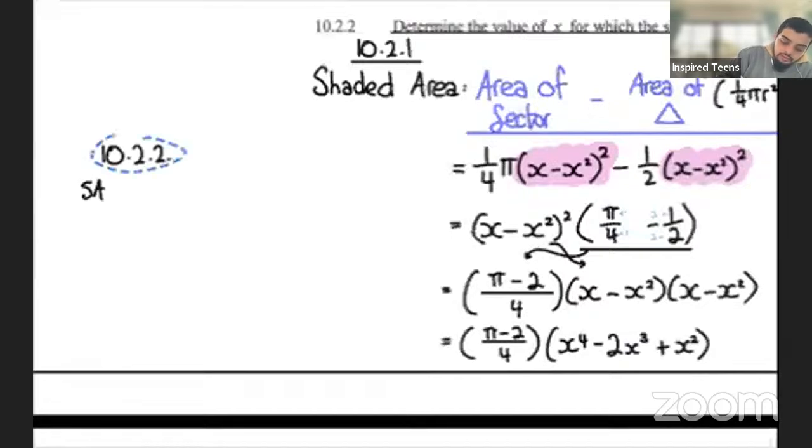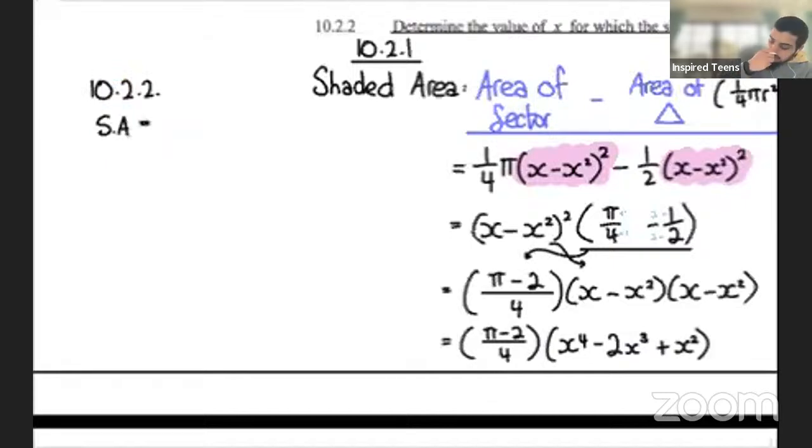Okay, let's say shaded area is equal to that formula. So pi minus 2 over 4, and we have x to the 4 minus 2x cubed plus x squared. Okay, that's the formula for shaded area.